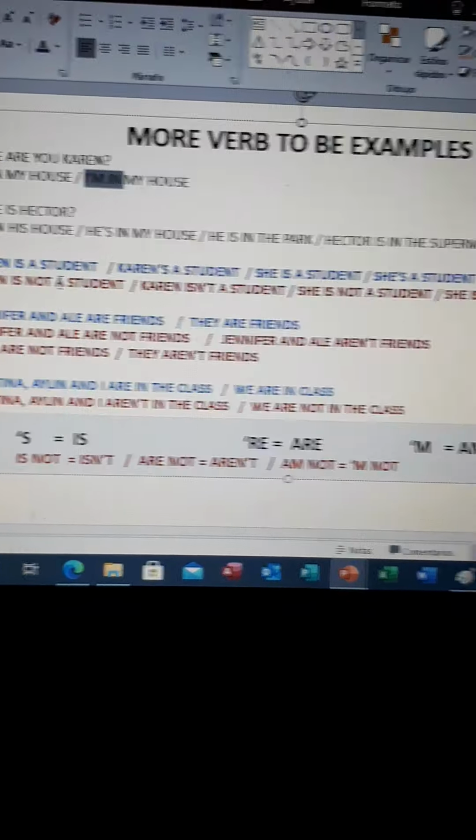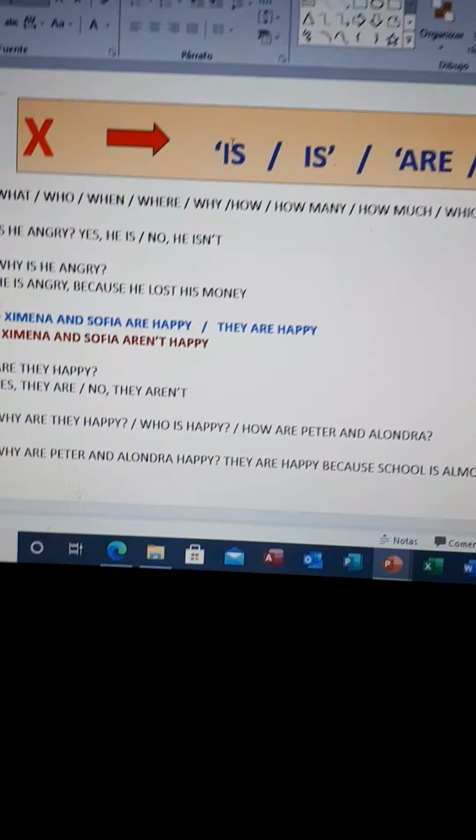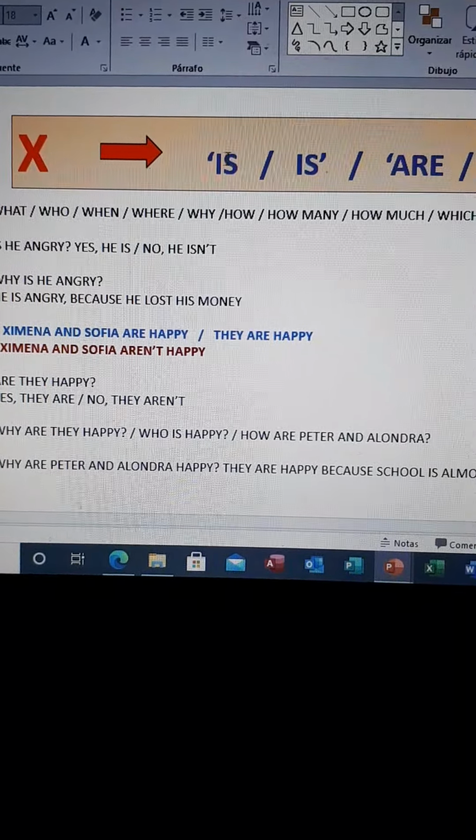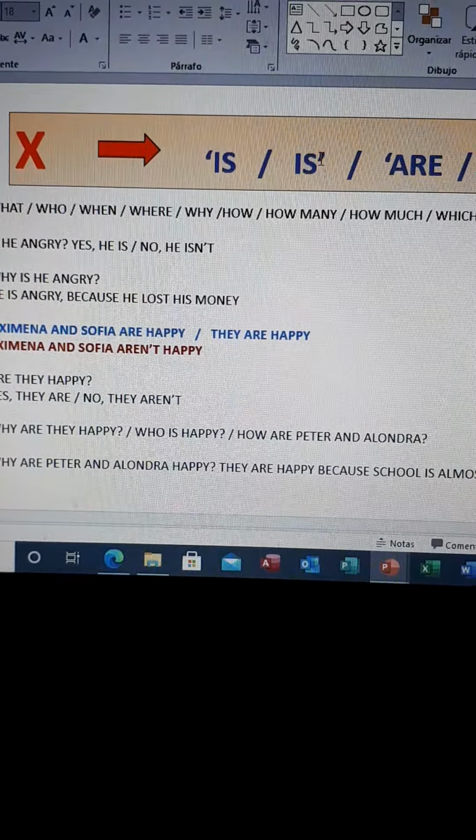I wrote this because sometimes we select the incorrect form of the contraction. So you are not going to put apostrophe is, or is apostrophe, or apostrophe are, or apostrophe r. This is not correct. That's why we know that it's apostrophe s, apostrophe re, or apostrophe m, okay? So please pay attention to this.